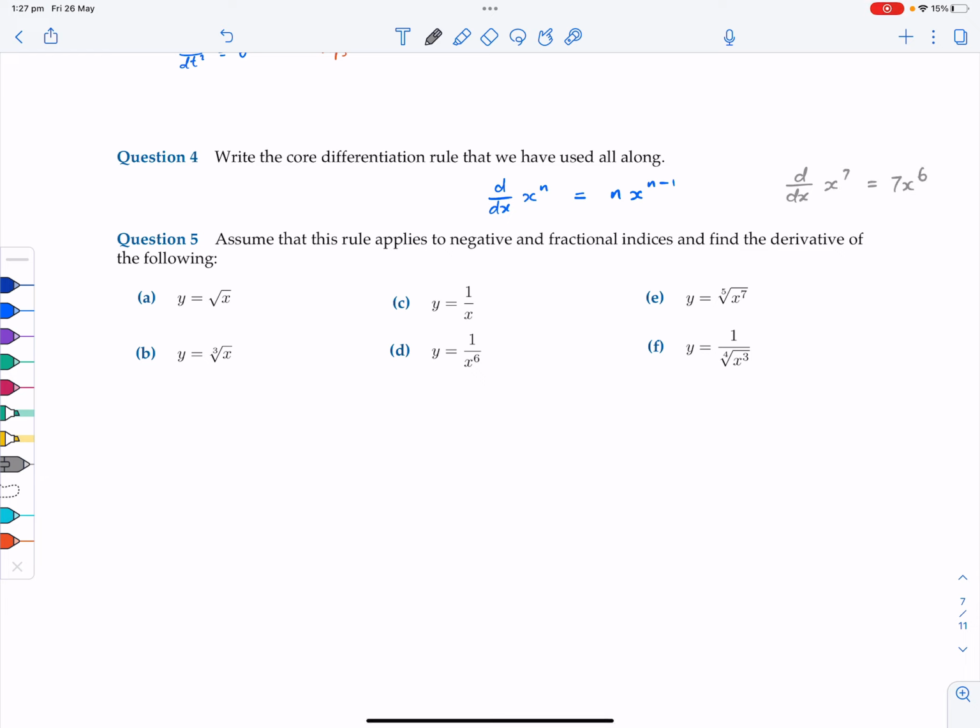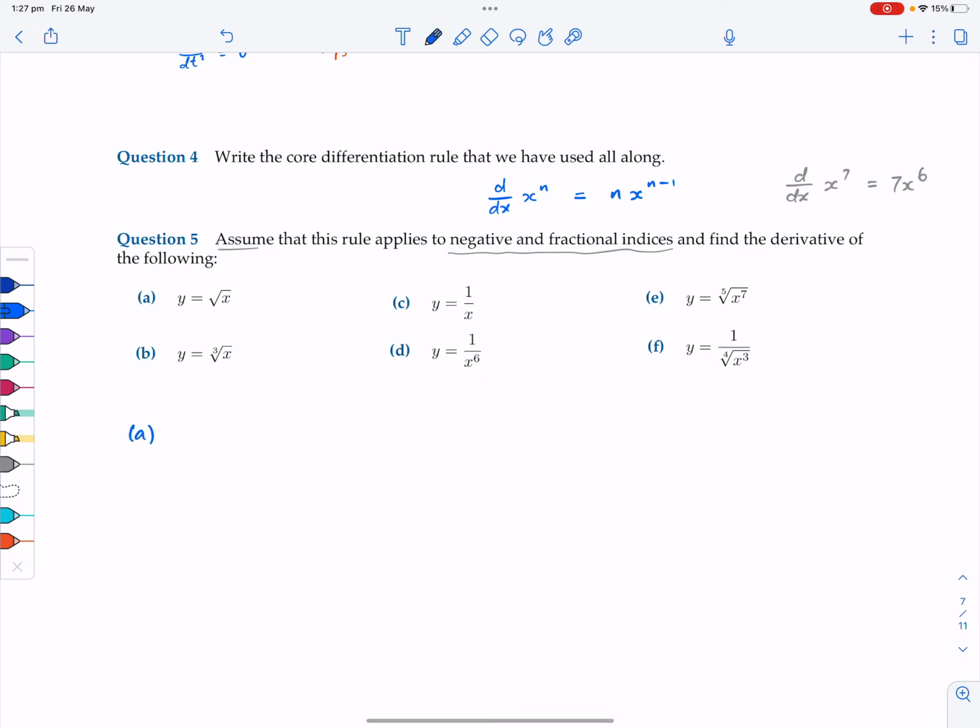That's the core thing that we've been using, right? But we've only used it where n is a whole number. Well, now we're going to assume, without any evidence, that this rule applies to negative and fractional indices, right? And it does, thankfully. Find the derivative of the following.